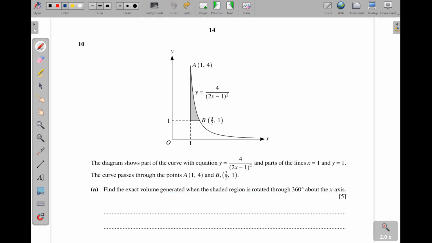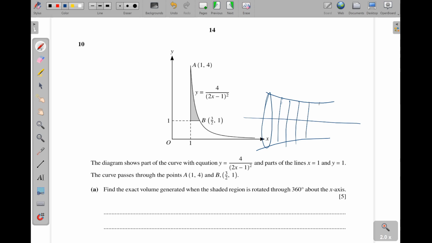Okay, since this is a region between the two curves, when it is rotated about the x-axis, we shall form something like that.